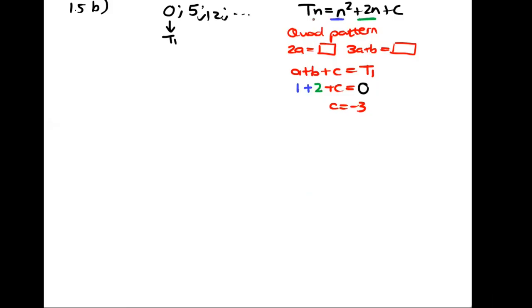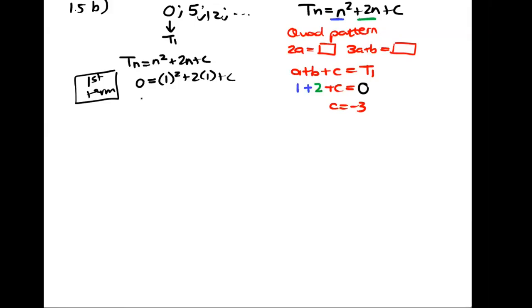The other way you could use to find c is you say, okay, here's my formula. Tn is n squared plus 2n plus c. And you could then sub in one of your points. My first term. So what is my first term? My first term is 0. So 1 squared plus 2 times 1 plus c, and so c is -3.